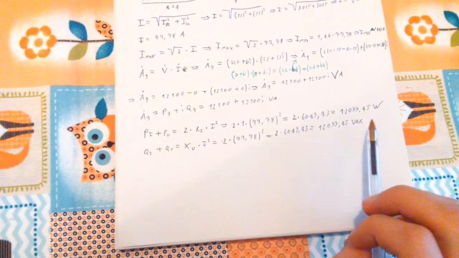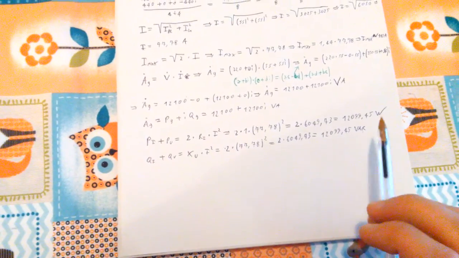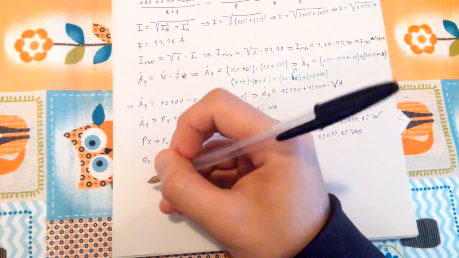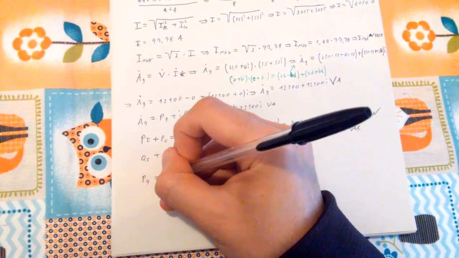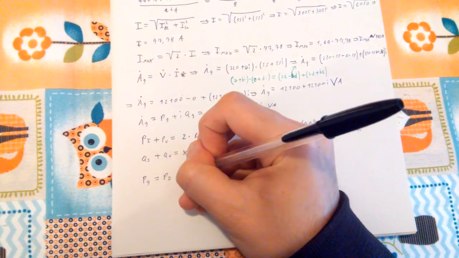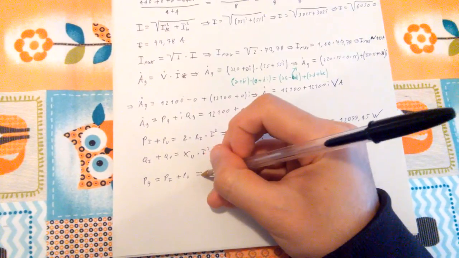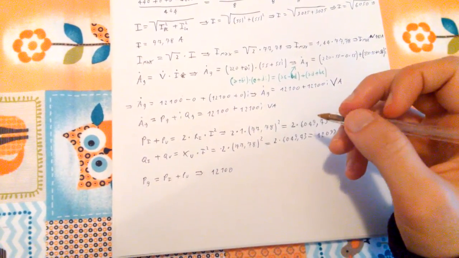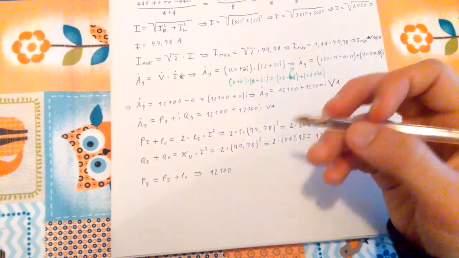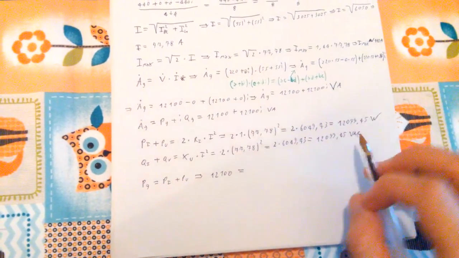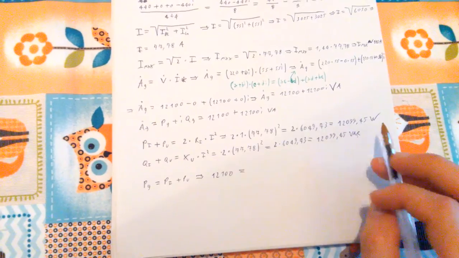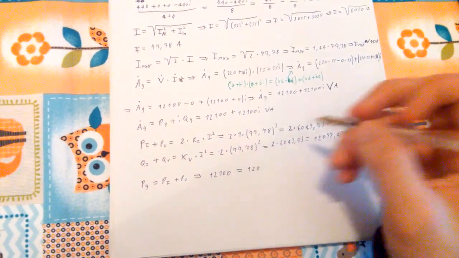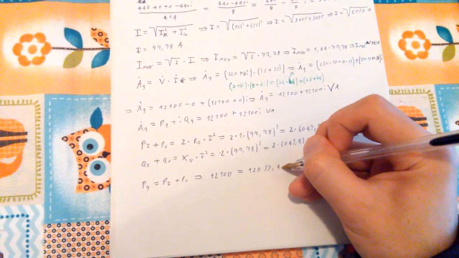So now I only have to verify the energetic balance, and I can do that because I can say that Pg is Pi plus Pu, and it's 12,100, which will be equal to what we have found here, which is 12,099.45.